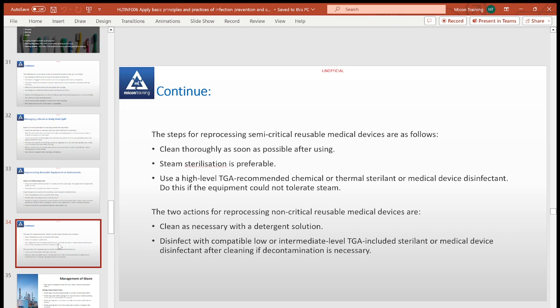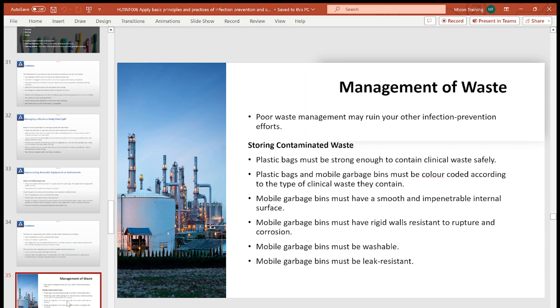All these are what is expected of us in order to look after our medical devices, those that are reusable and those that we need to, of course, clean before we use. After that, we will be talking more about the management of waste.